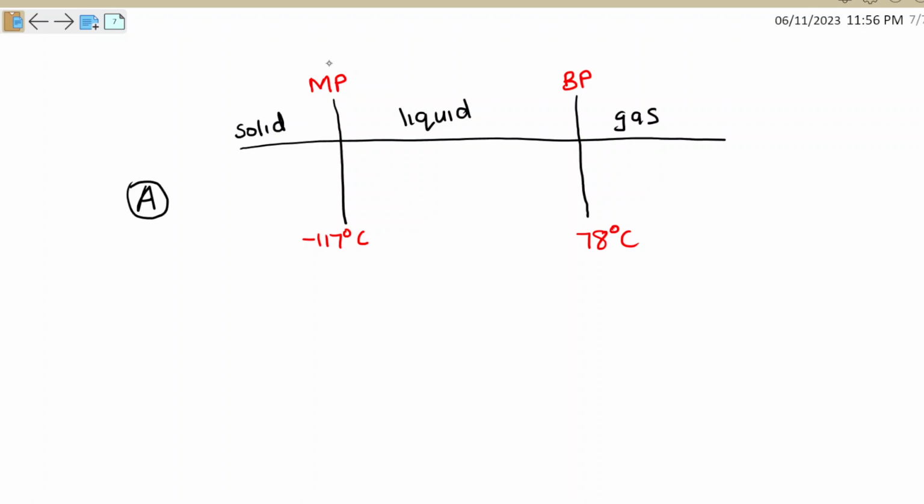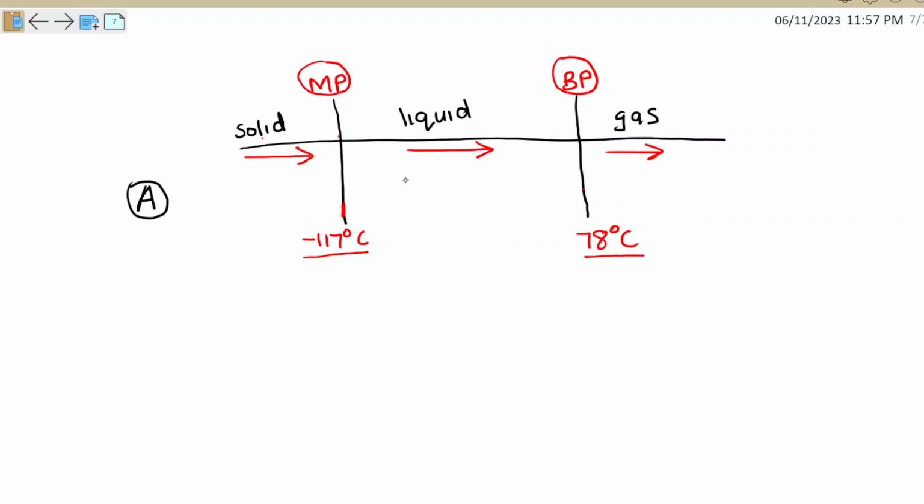Remember, we are moving from solid to liquid to gas. So this solid is going to melt at negative 117. When it is liquid, substance A will boil at 78 Celsius degrees to become gas.